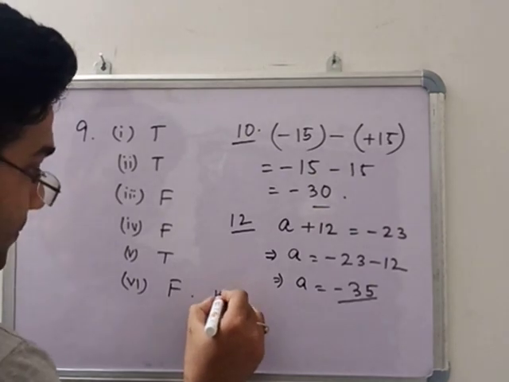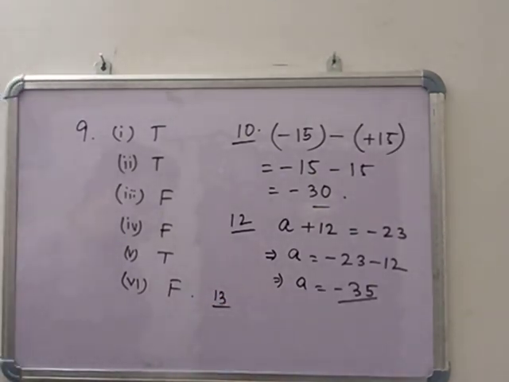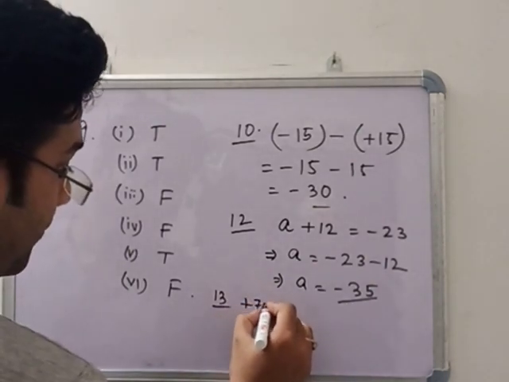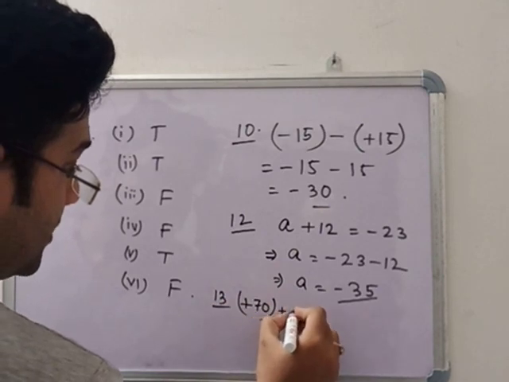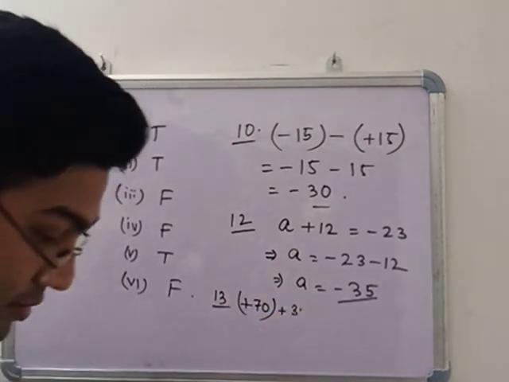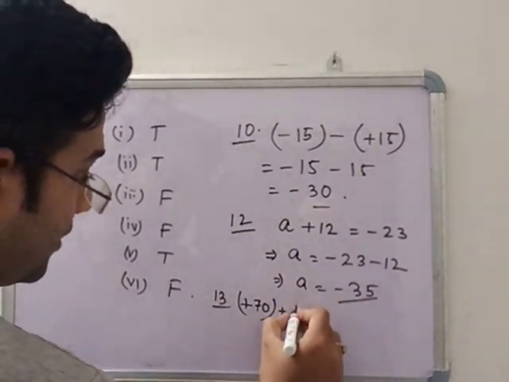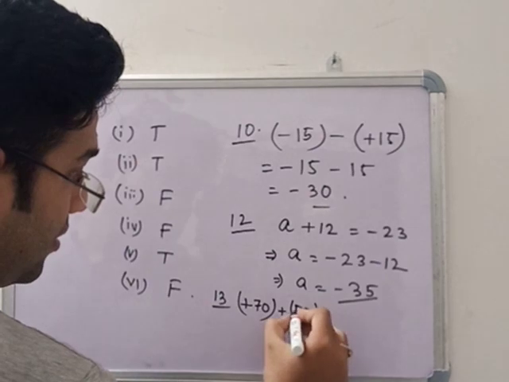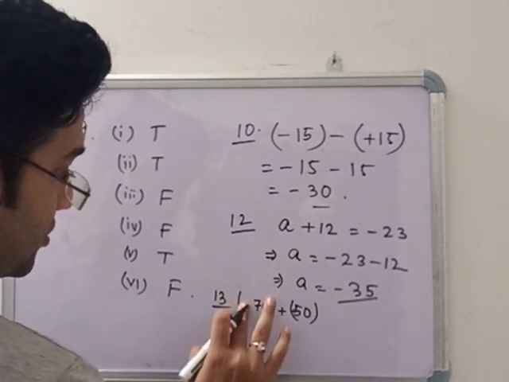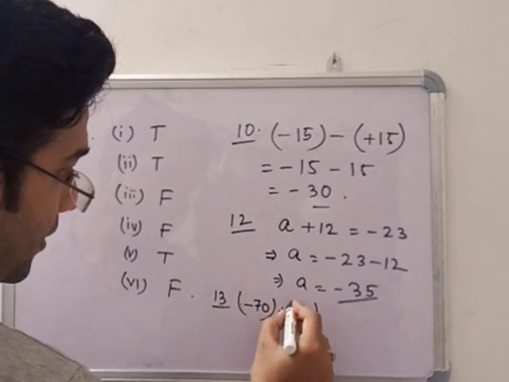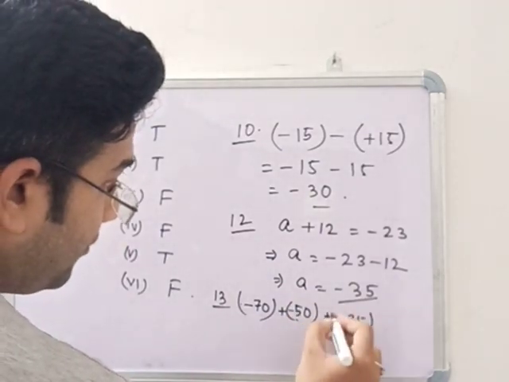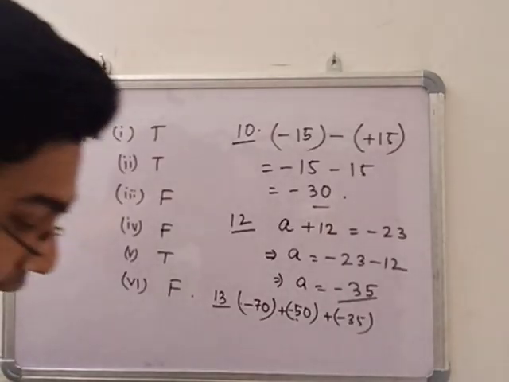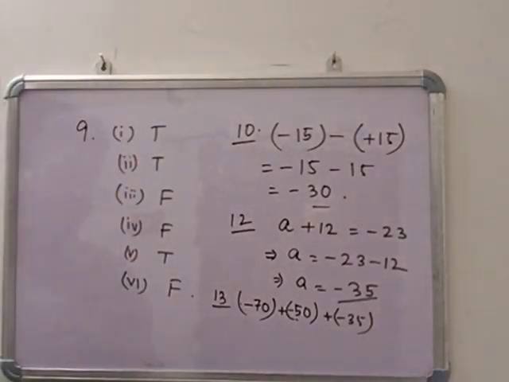Now in number 13, while playing cards, Amit lost rupees 70 in the first game, rupees 50 in the second game, and rupees 35 in the third game. So plus 70 plus 50, he lost, that means minus, sorry, plus minus 35. Okay. And he gained 60 and 80.